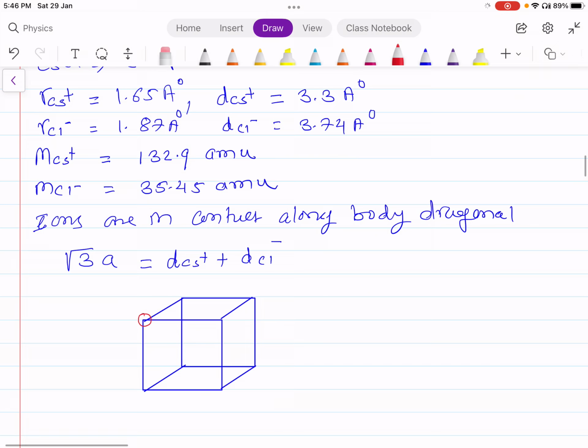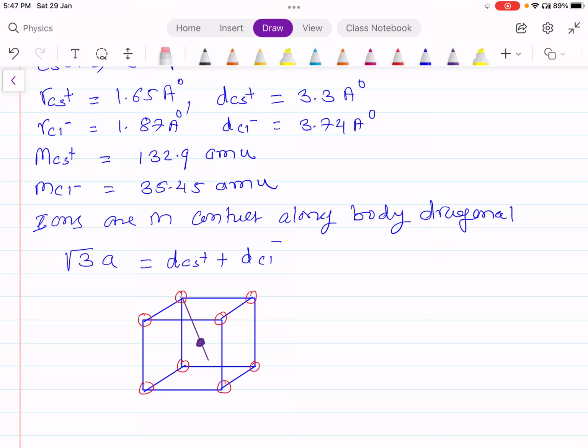These are the chlorine ions which are at 8 corners, and at body center there is a cesium ion. And these ions are in contact with each other along the body diagonal.